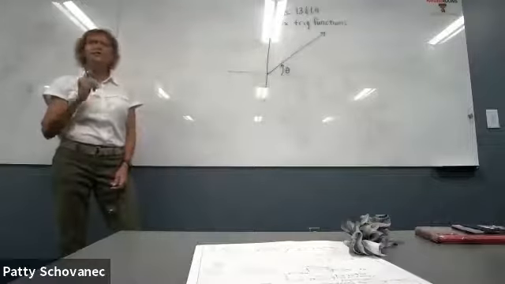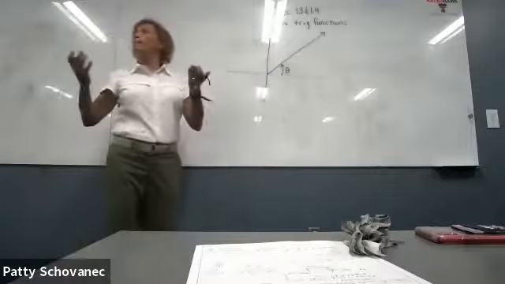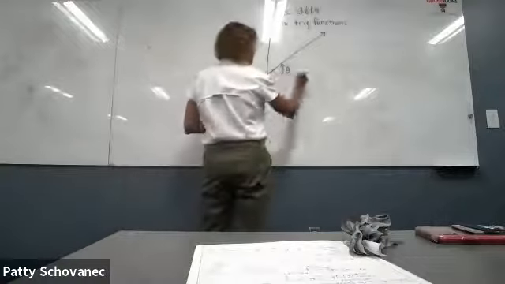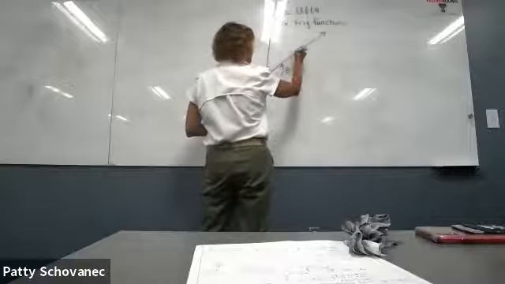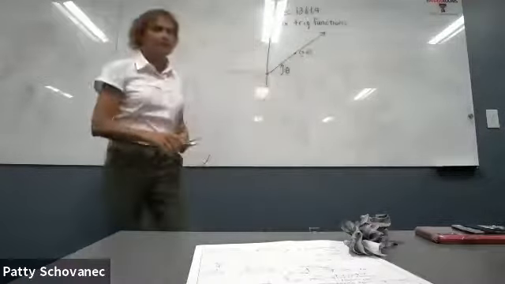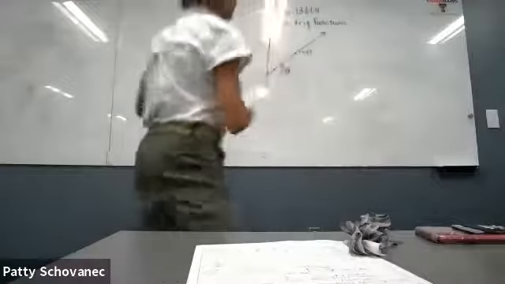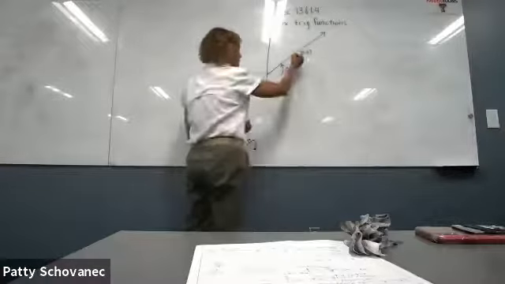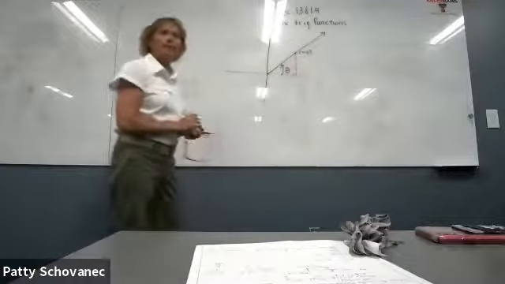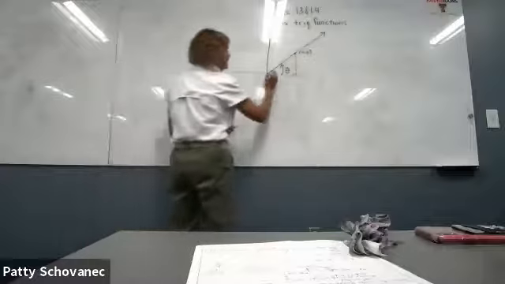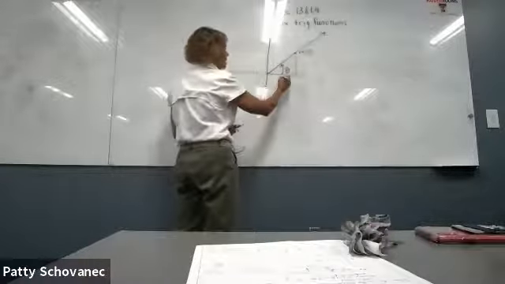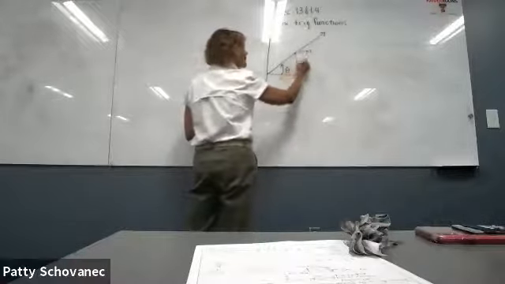Further, suppose that this ray passes through a point that I know. I know the ordered pairs of a point that it passes through. Suppose it passes through the ordered pair x, y. Then I can drop down this perpendicular segment here and make a right triangle whose base is x units long and whose height is y units long.